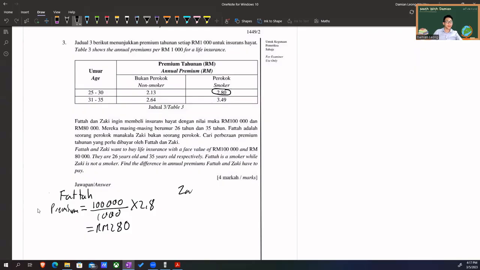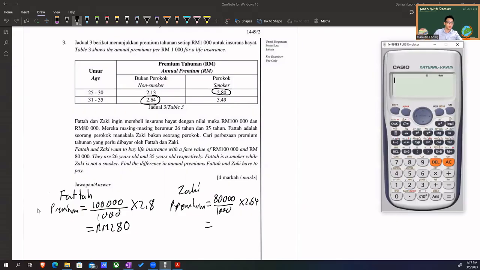For Zaki, the annual premium, he is a non-smoker and 35 years old. So this premium rate, 80,000 per 1,000 times 2.64.